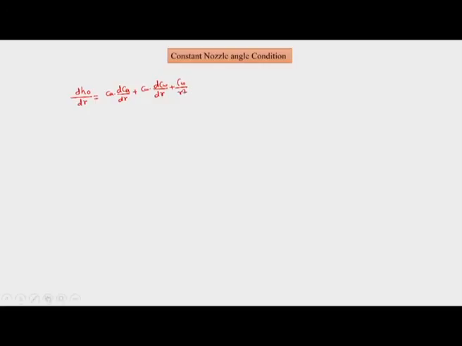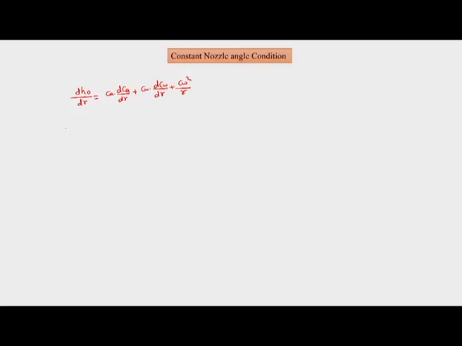We had seen in last class that there is an expression which says that dH0 by dr is equal to Ca dCa by dr plus Cw dCw by dr plus Cw square upon r. So this is the expression we had seen.